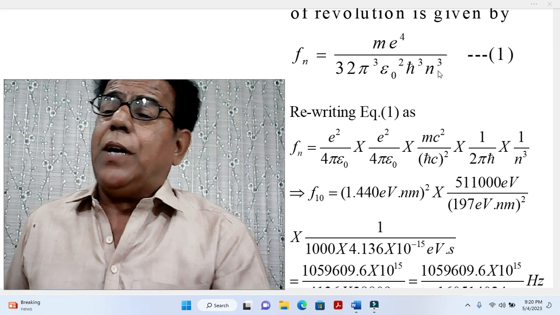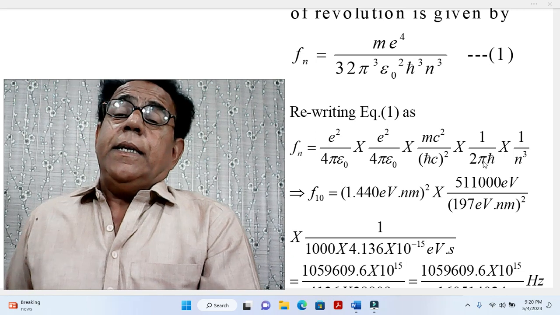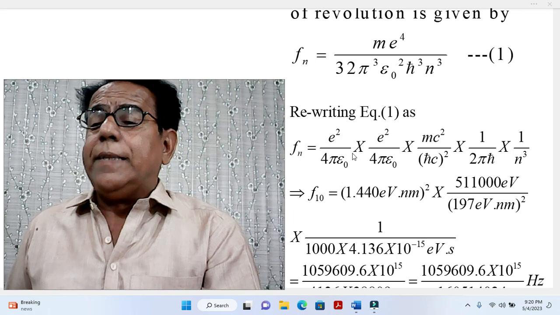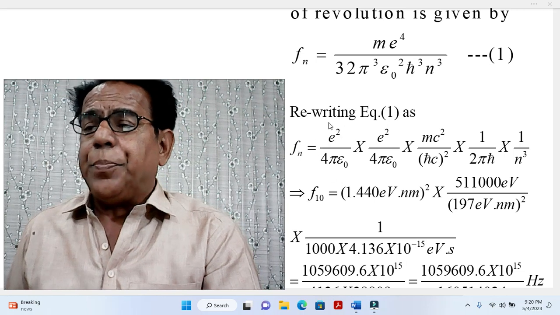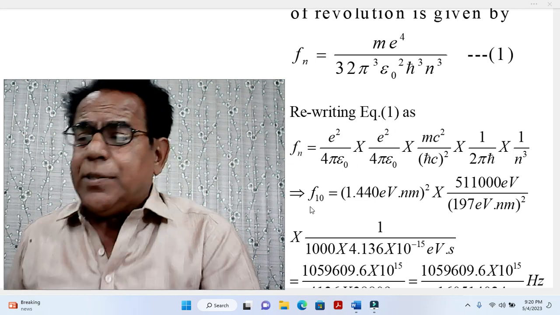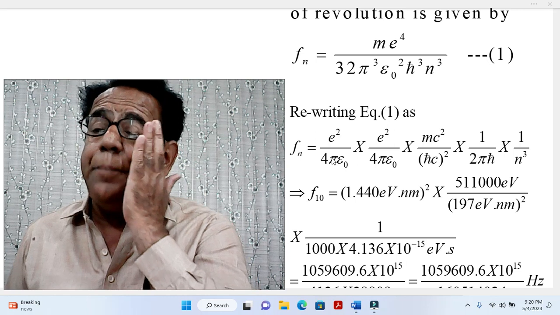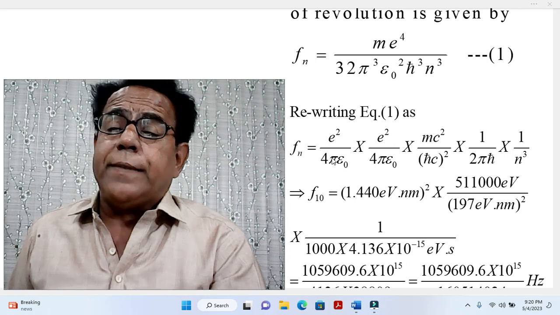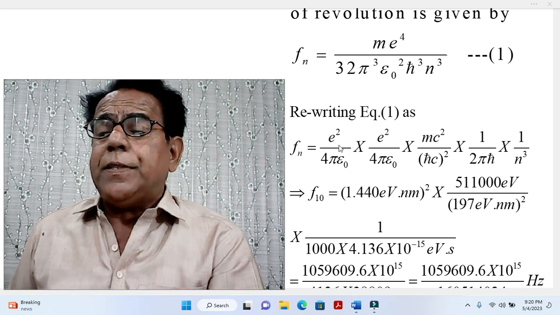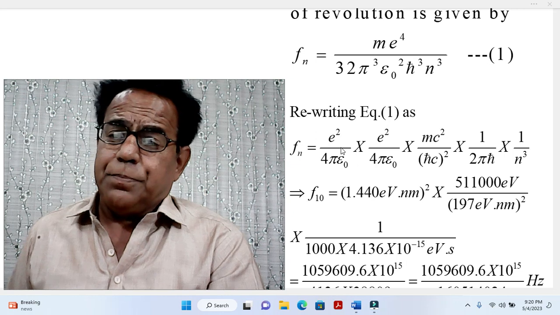The reason is that we have emphasized enough that this combination of physical constants is of much importance for us, a matter of facility for us. So we must avail this facility in order to solve our problem in a short time.